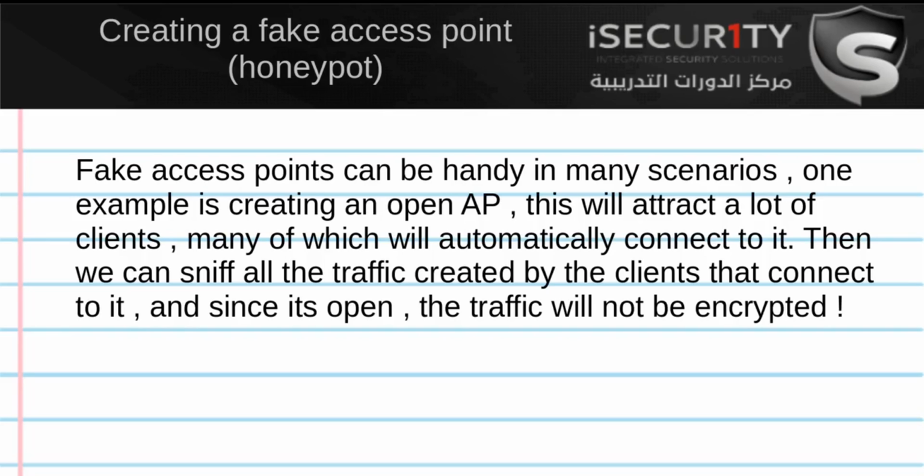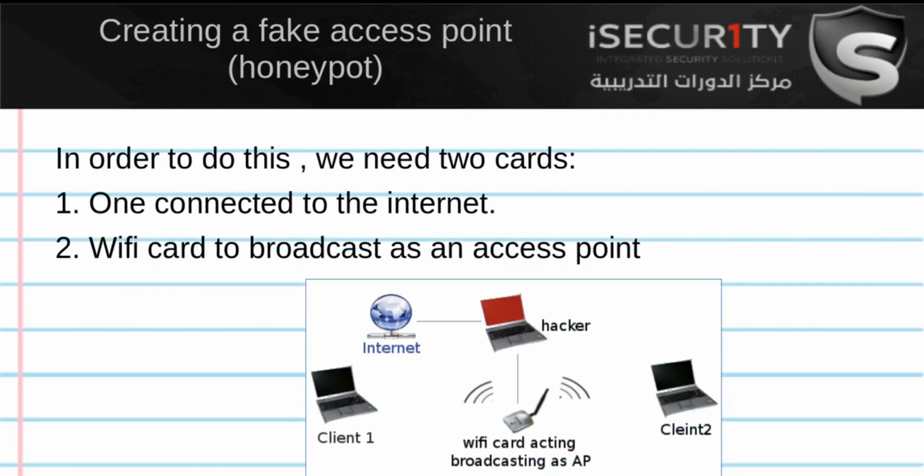Creating an access point is simple. It just needs to be set up correctly so that the access point can function correctly. Now, the first thing we're going to need is two cards. One card is going to be connected to the internet. It doesn't matter what card it is.